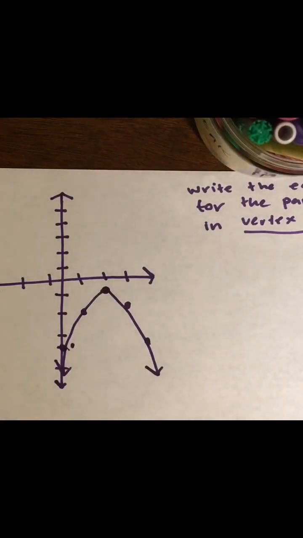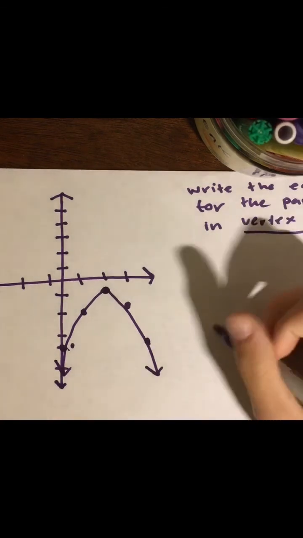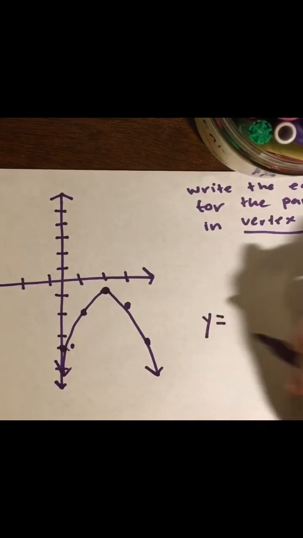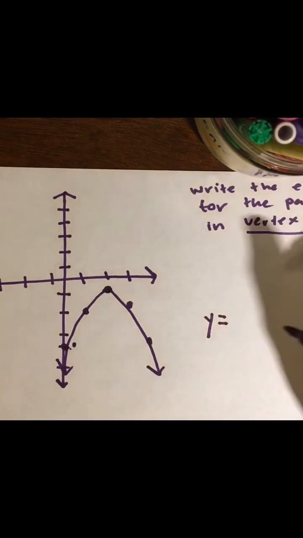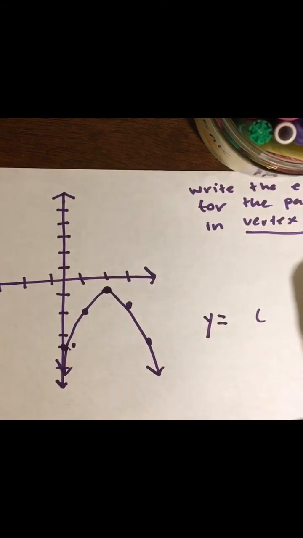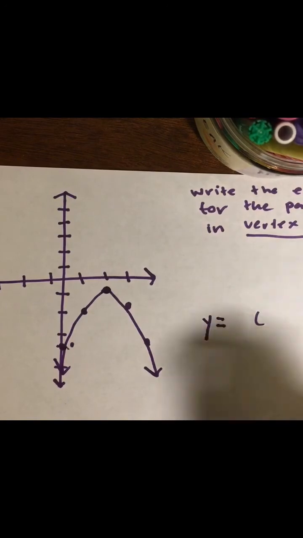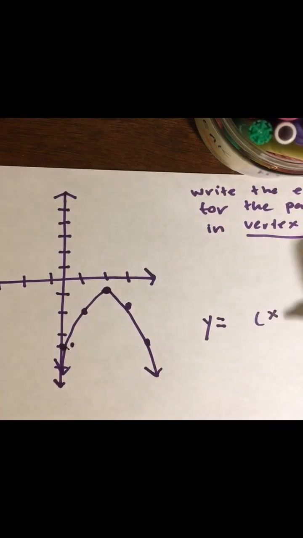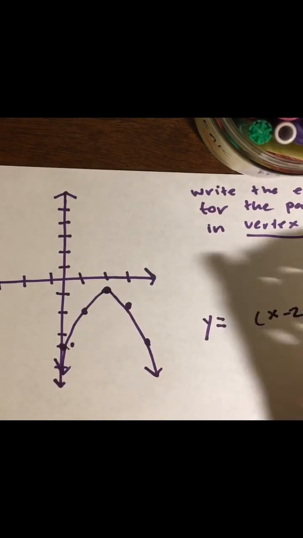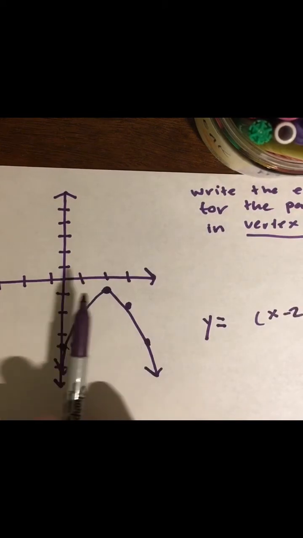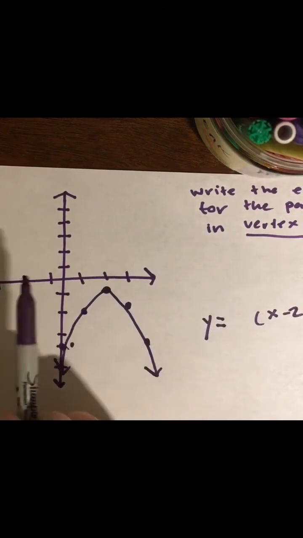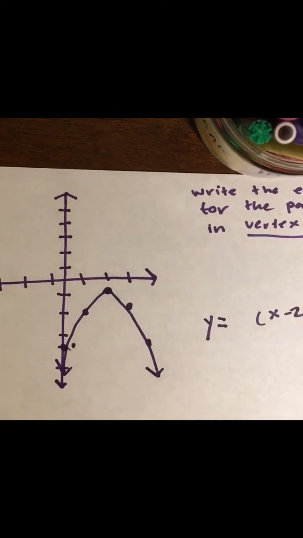Okay, for the next equation, you are given a graph and you are asked to write the graph out into vertex form. And so to do that, we can just start with y equals, and then since it's vertex form, you know it's going to be the parentheses squared. So we have x minus 2 because the h is a liar, and since it's 2 to the right, you have to say that it's 2 to the left because it's a liar.